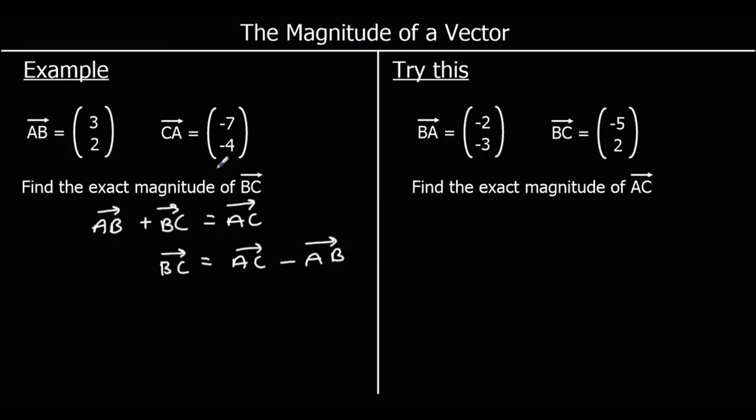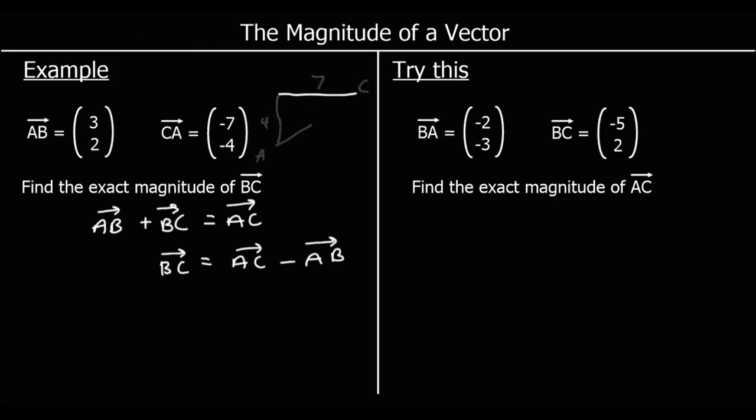And we've been given A to B, but we've got C to A. Now A to C is backwards along this line. So from C to A, we go left 7, down 4.